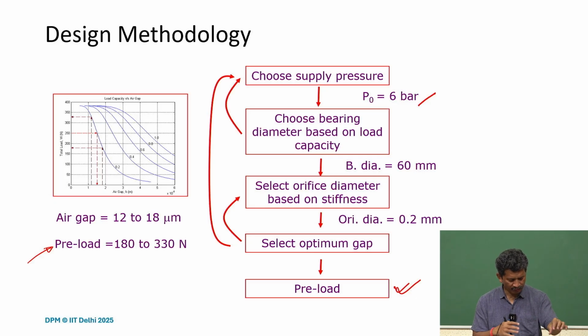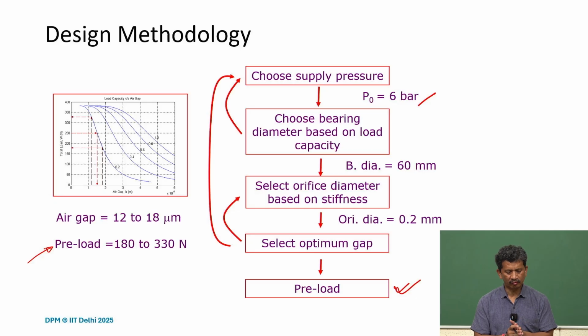If it increases beyond that, it can go up to, in this case, not reaching 400 but lower than that. But if the load is lower, then the air gap will increase, along with the stiffness and those parameters.